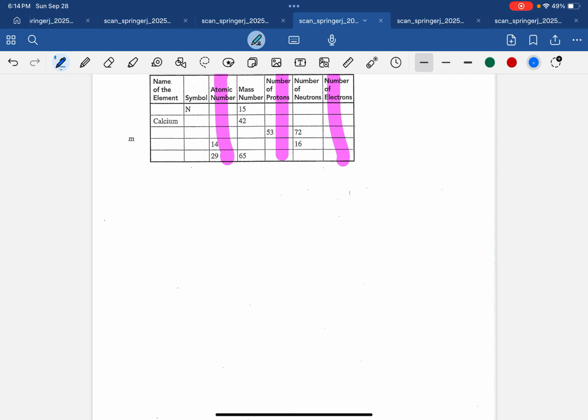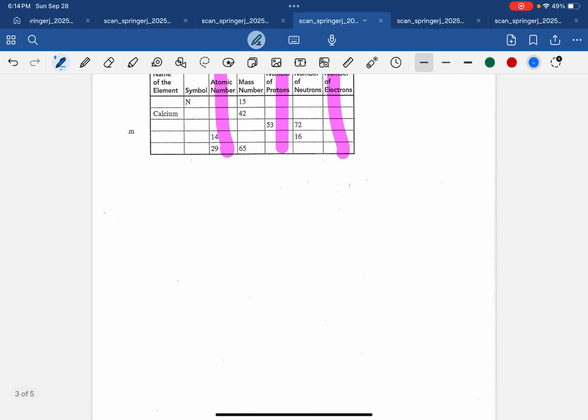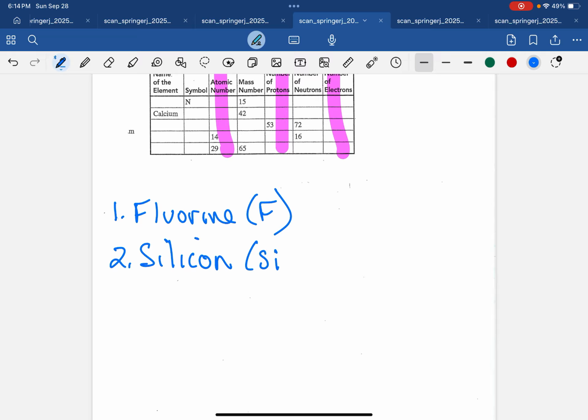Let's do an easy one like fluorine. That's F. We'll also do silicon, which is Si. Let's do a harder one. How about cobalt?